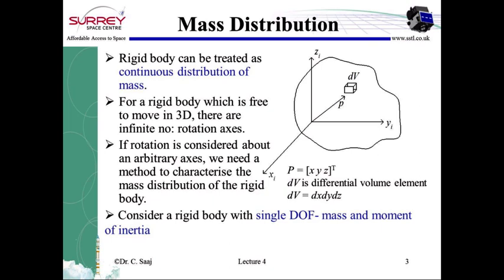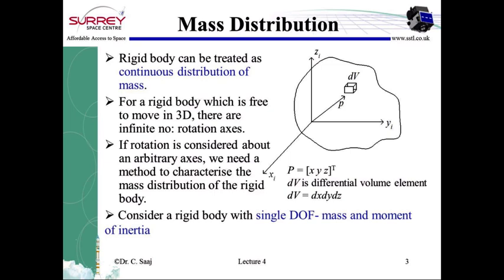In the case of a rigid body that is free to move in three-dimensional space, there are an infinite number of rotational axes. For example, if you take a look at the rigid body illustration in slide 3, you can very well see that we can define any axis of rotation with respect to which this object could rotate.